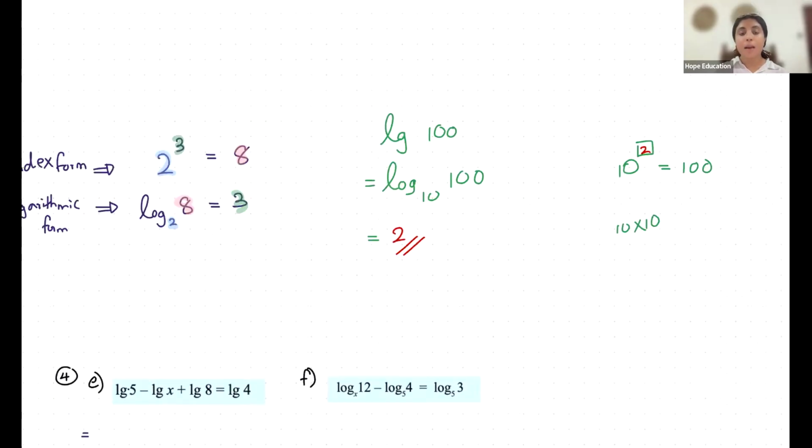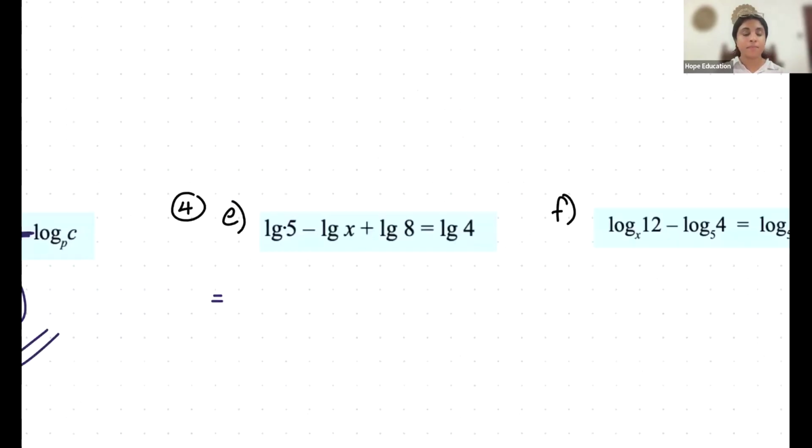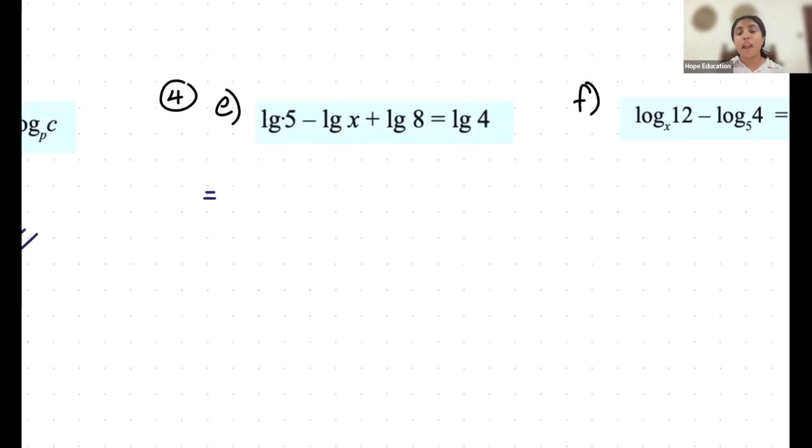Okay. Let's come back to our question. I just randomly did a bit of a revision. LG5, LG means logarithm. So මෙතනත් LG, LG and here LG, here also LG. ඒක හින්දා මට මෙහෙම ලියන්න පුළුවන්. All of them have the same base, no, because LG means logarithm base 10.